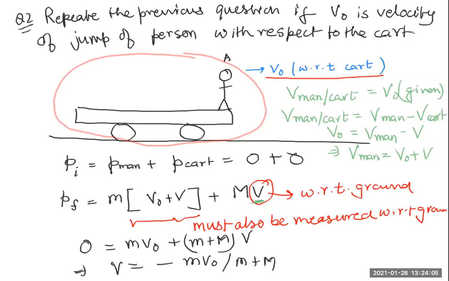The key thing here is that I have measured the velocity of the man and the cart with respect to the ground.